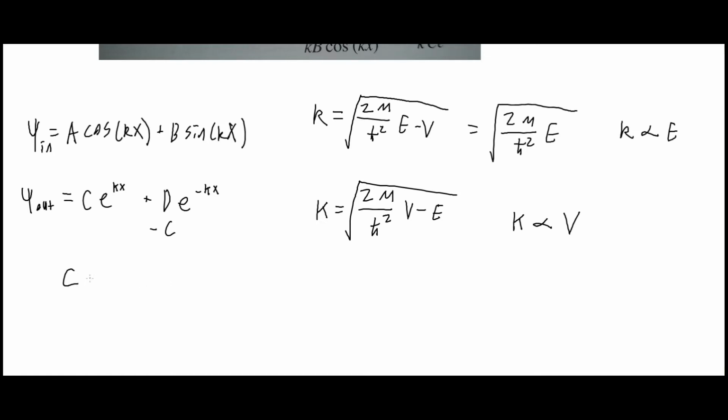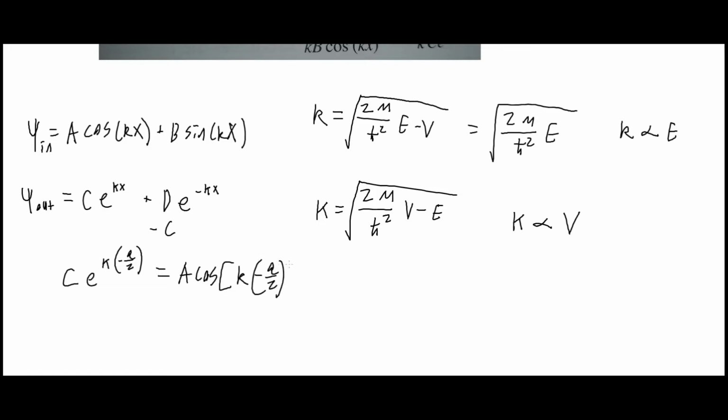So what we want is our C e to the kappa times minus a over 2. This is where x is equal to minus a over 2. And we want that to be equal to a cosine of k, our lowercase k here, times minus a over 2.